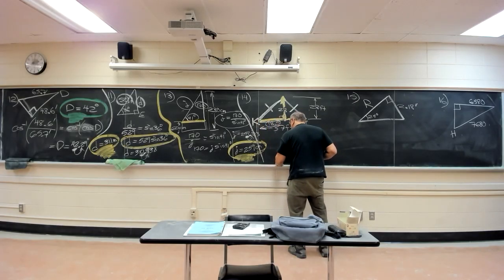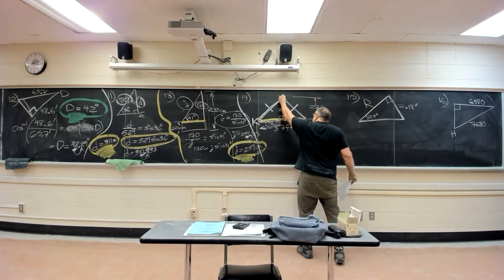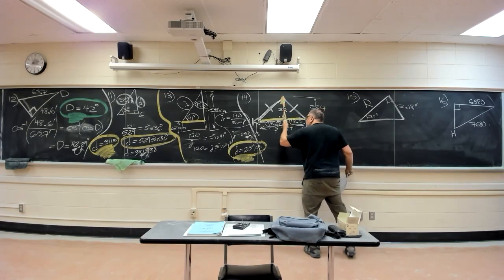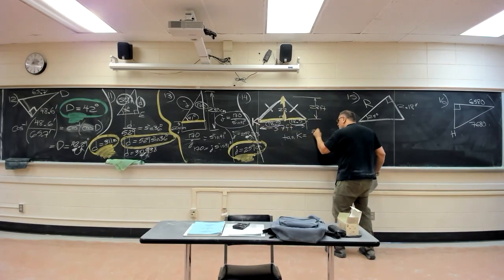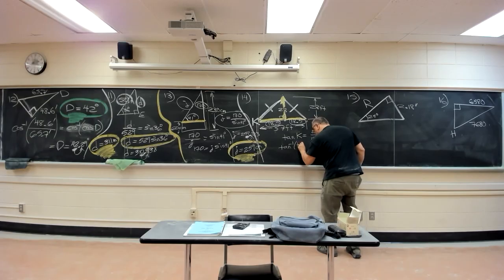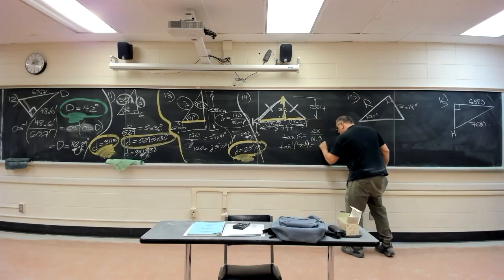Well, I'll tell you what I'm going to do. Opposite over adjacent is tangent. The tangent of k is opposite over adjacent. The inverse tangent of whatever tangent you got is just going to be the angle from which it came.